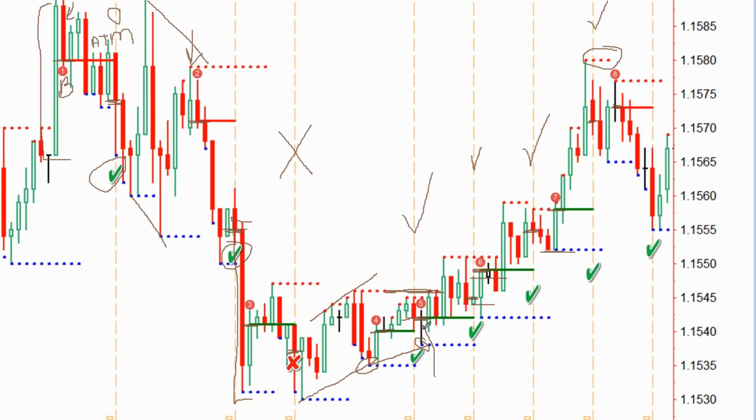When you enter off of this one, what is your expectation? The high is going to be exceeded. What is your expectation when you enter here? The high is going to be exceeded. Exceed the high, not equal, but exceed the high, okay?